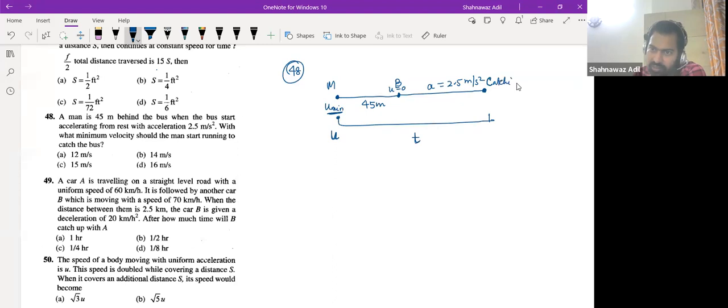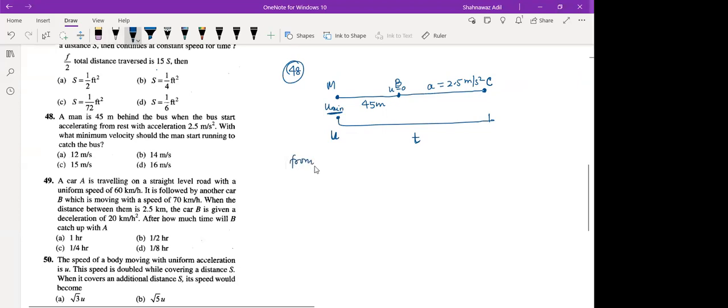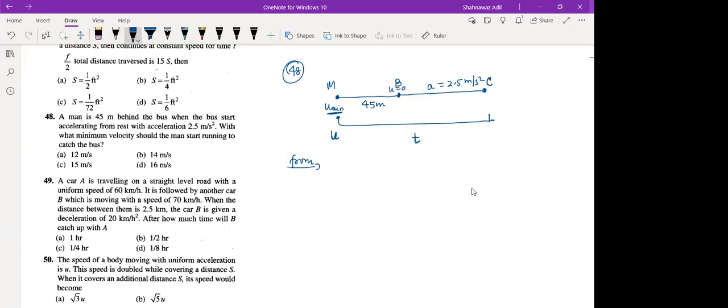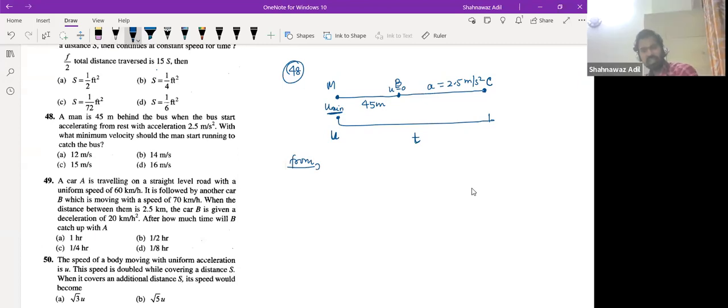Let's say C. Okay. So catching point. Now, what is the distance that the man has covered from M to C? Speed is u, the time is t.